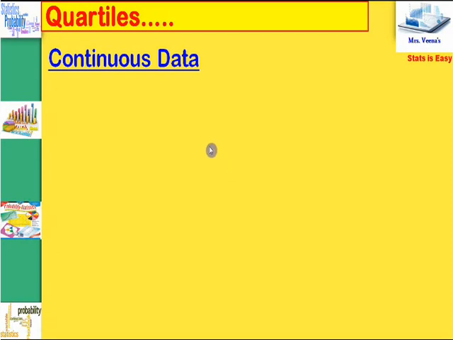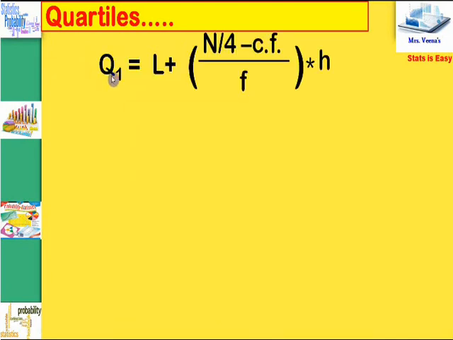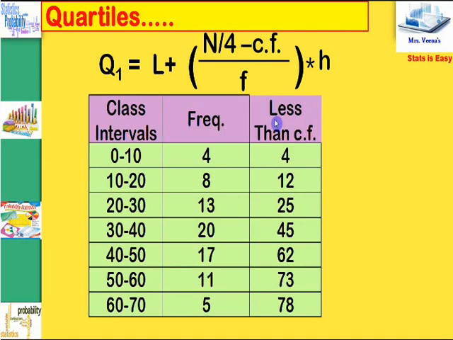Quartiles for continuous data. Here is a continuous frequency distribution. Q1 is L plus (n by 4 minus Cf) divided by f into h for a continuous frequency distribution. First of all, find less than cumulative frequencies. Write 4 as it is, 4 plus 8 is 12, 12 plus 13 is 25, and so on.